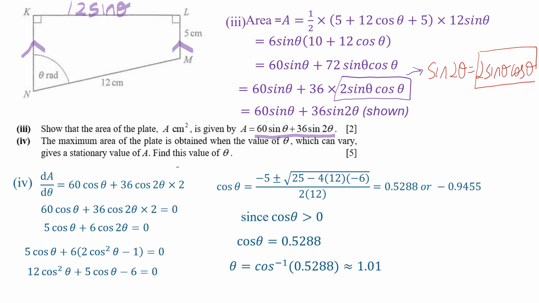Remember this: in differentiation and integration, your unit for trigo functions must be in radian mode, so make sure you turn your calculator to radian mode. So 1.01, but that's not the end yet. Why? Because we need to show that it is a maximum area. Don't need, because they never require us to show it's the maximum. It just asks you to find the value of theta.